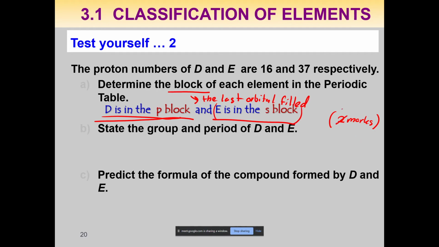Kalau soalan tu, it is 4 marks, you kena terangkan kenapa you boleh dapat P block and S block. Cara nak terangkan is, you susun lah. Untuk D is 16, so you susun 1S2, 2S2, 2P6, 3S2, 3P4. You susun.